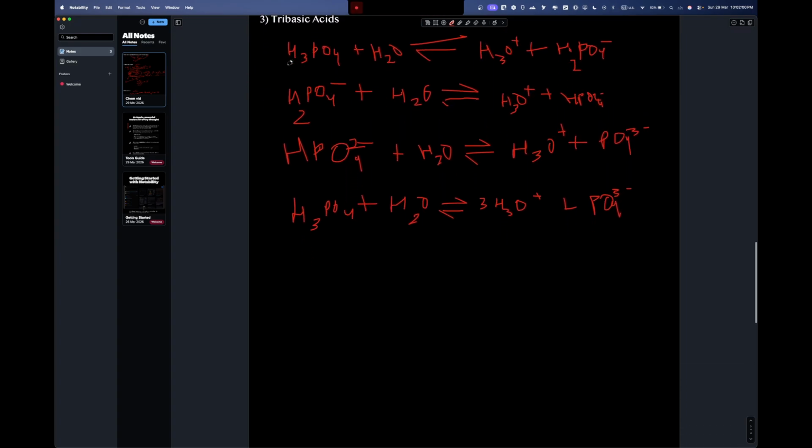What is the structure of H3PO4? H3PO4 structure goes something like this. This is phosphorus. This is a double bond with O. Here is one OH group. Here is another OH group with another OH group.